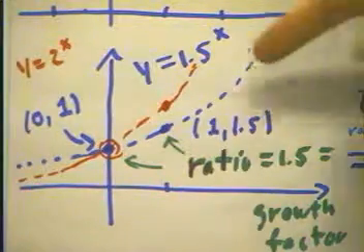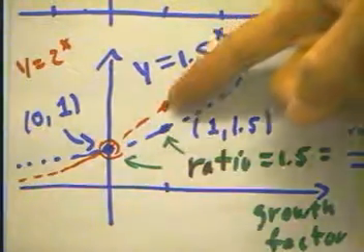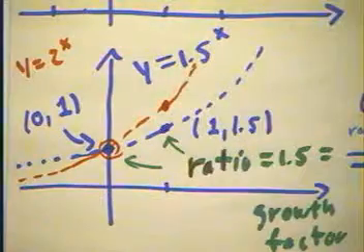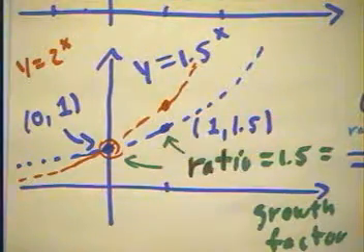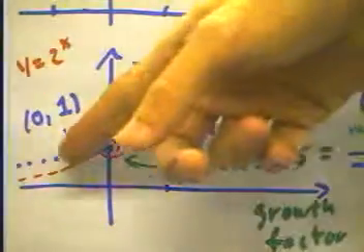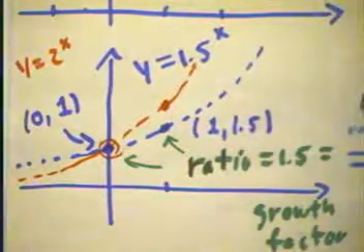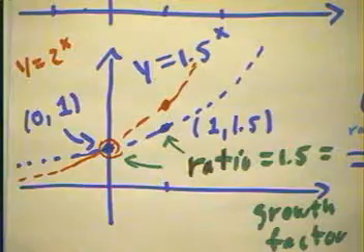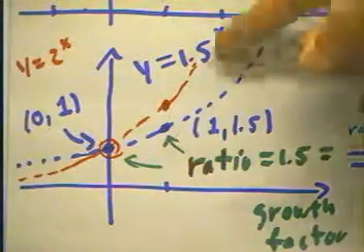In any case, we've got the y equals 2 to the x graph for reference, but the y equals 1.5 to the x graph will have its own fundamental points.